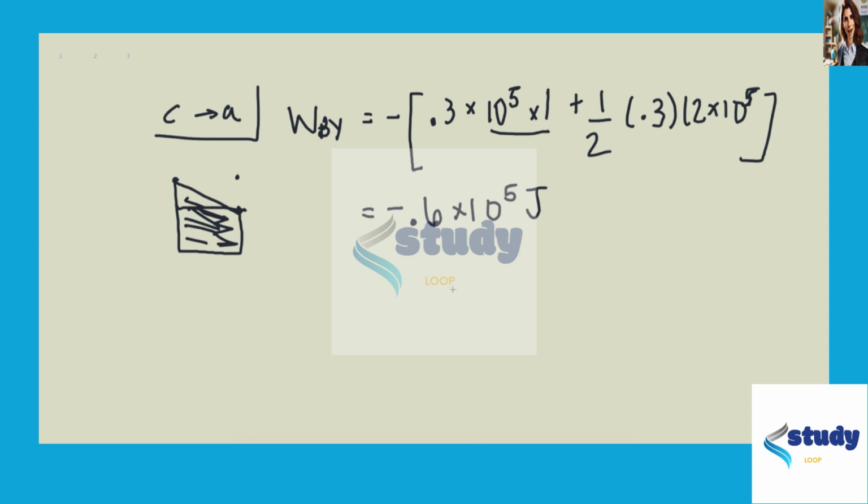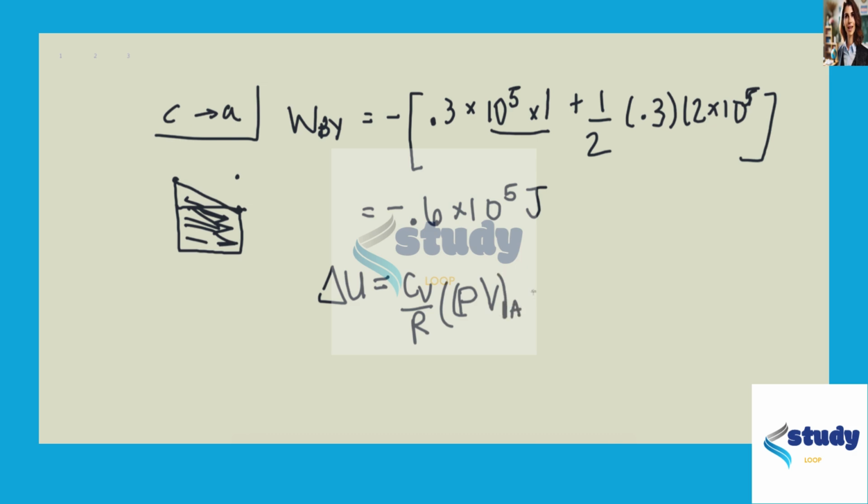And now to get your delta U, I originally calculated this in the same way. Well, okay. Your delta U is just CV over R, and then you just need to find the difference of PV.